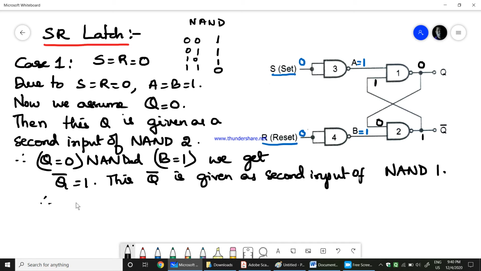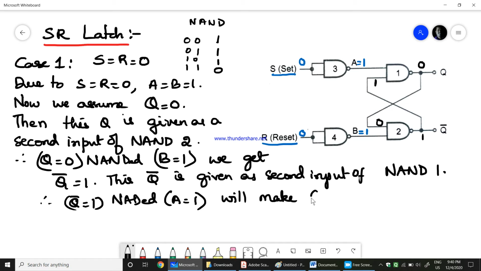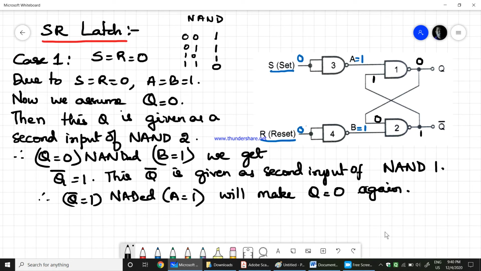Therefore Q bar, which is equal to 1, NANDed with A equals 1, will make Q equal to 0 again.